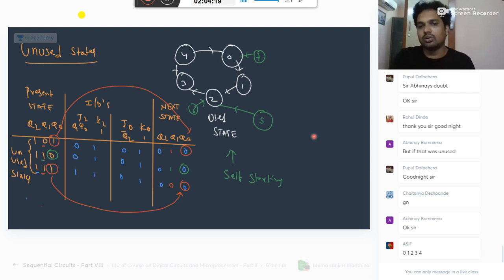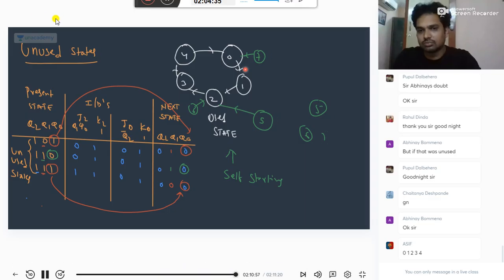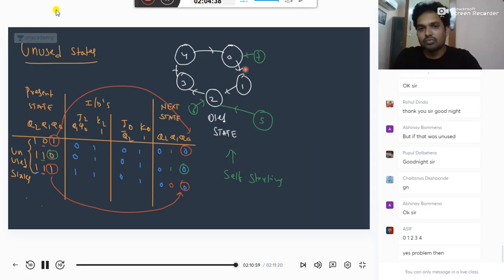But if there is a lockout, suppose for 5, 6, 7 there is a lockout. Then if you start from 5, you may say it is a mod 3. If you start from 0, you may say it is a mod 5. Both answers are possible. So generally the examiner will tell you the initial state. If lockout is there, the answer depends on the start; if no lockout, any state you start, the answer will be the same.